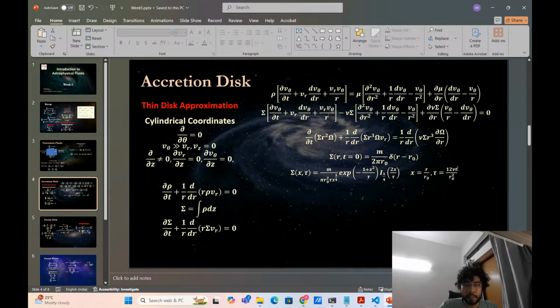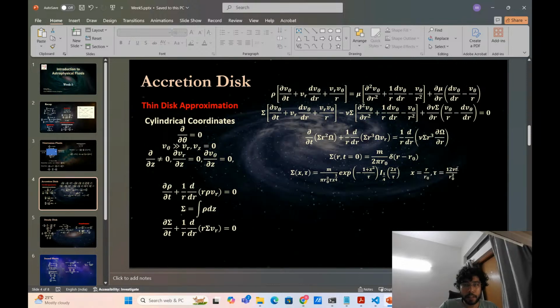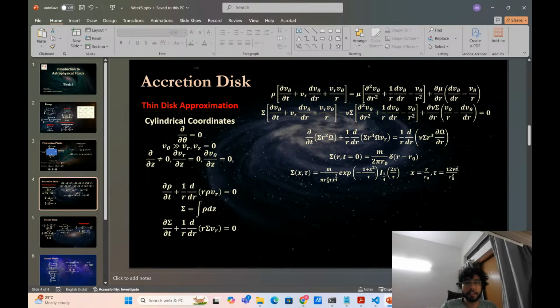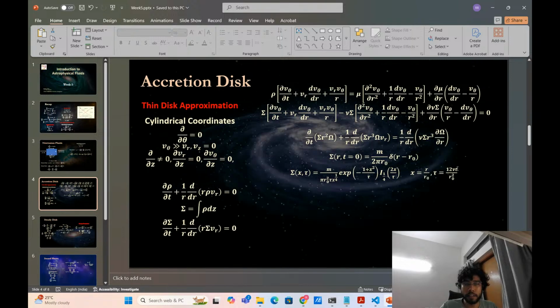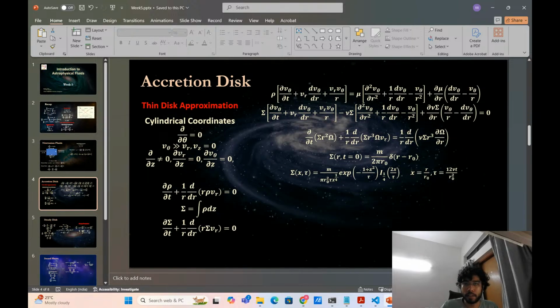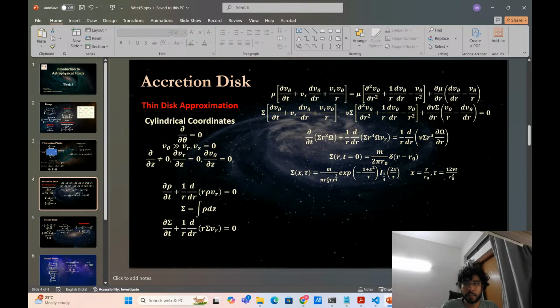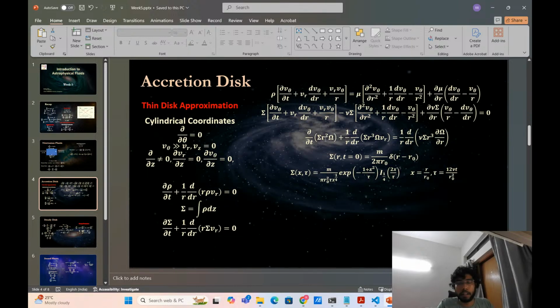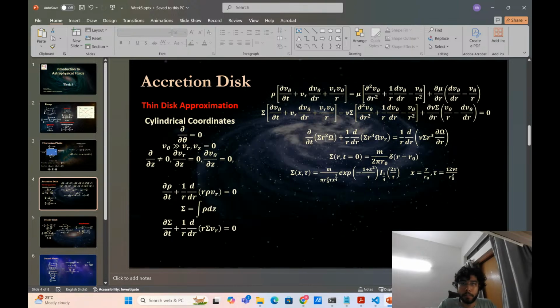So this example is just for a ring, but in general, for a general disk with a given initial condition, you can always solve this equation to obtain this sigma as a function of r and t, and you can obtain more realistic results.